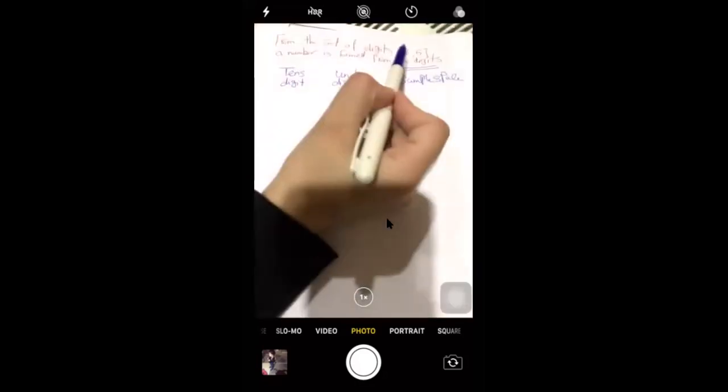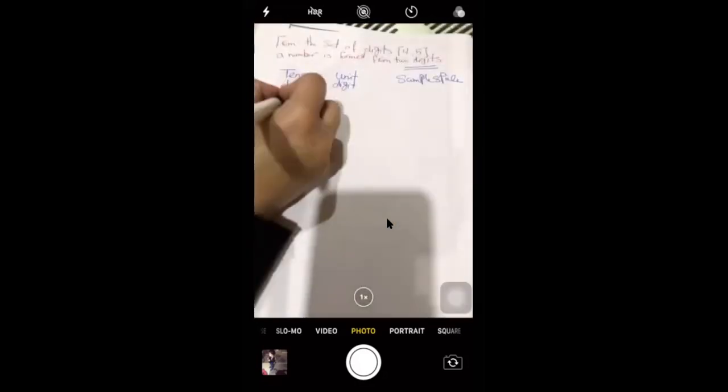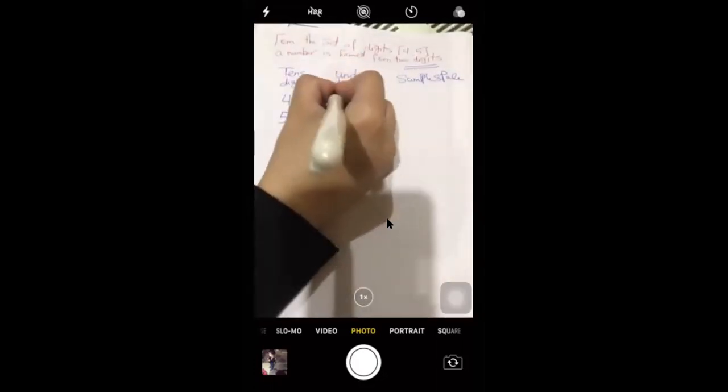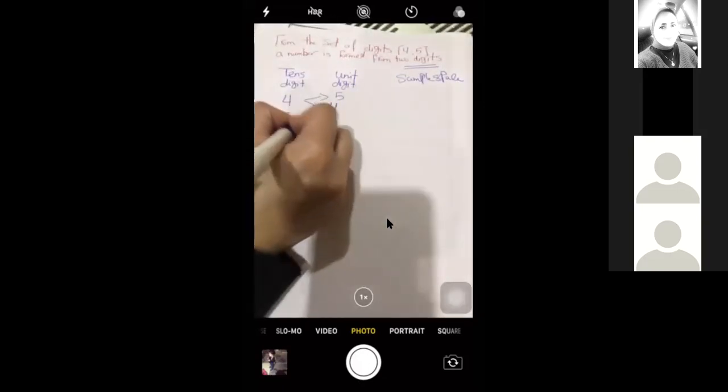The tens digit, maybe it's what? 4 or 5. Yes, the tens digit may be 4, maybe 5. When you put the tens 4, you maybe put the unit 5, or maybe the unit is gonna be 4. When the tens is 5, maybe the unit gonna be 4, or the unit will be 5.